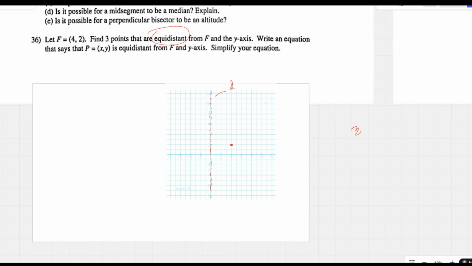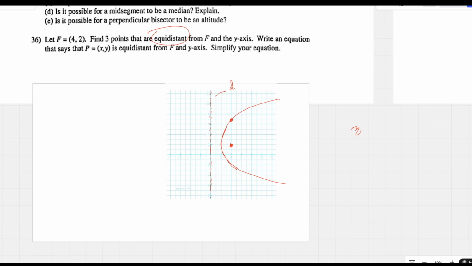One definition of a parabola, quadratic: one way to define it is the set of all points that are equidistant between a focus and a line called a directrix. I don't know how much you want to get into this. Maybe I'm wrong. Maybe you did have it. So for example, like this point, it's equidistant to the directrix and the focus, and maybe I'll just pick some other random point.